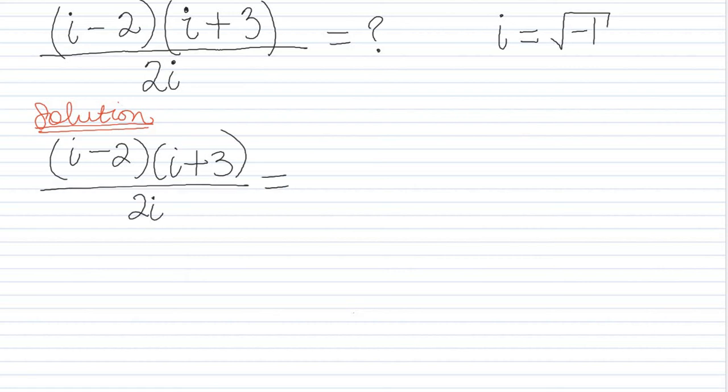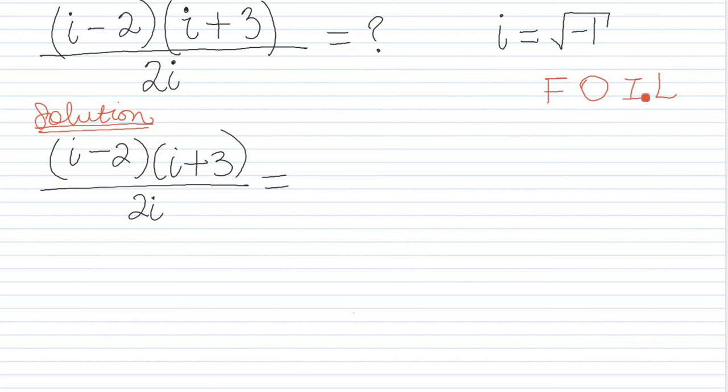So the numerator would involve us multiplying the two expressions in parentheses, and to do that we have to use the FOIL method, where we multiply the firsts, then the outers, then the inners, and then the lasts of the stuff in the numerator.